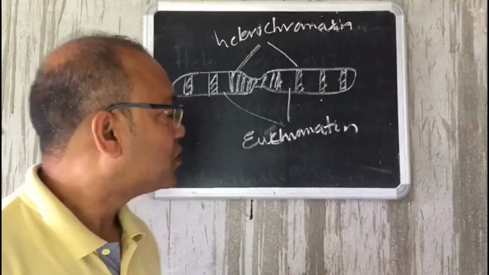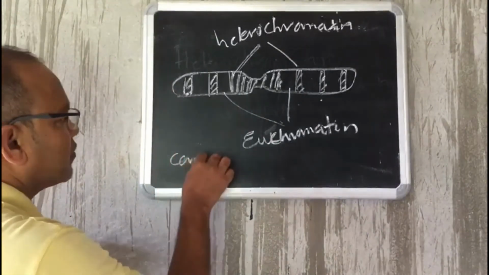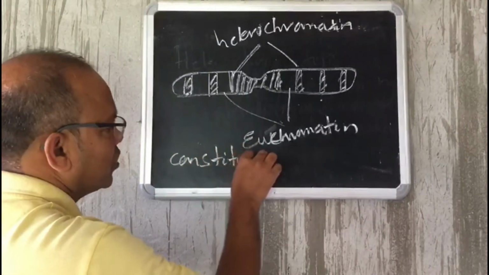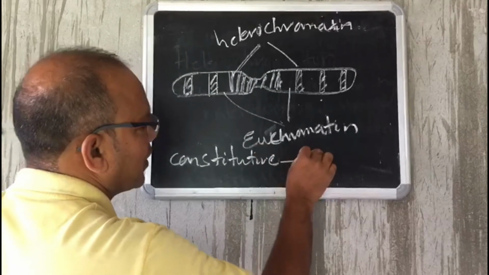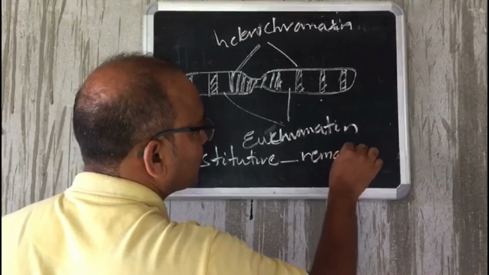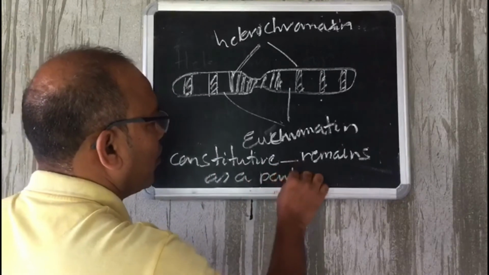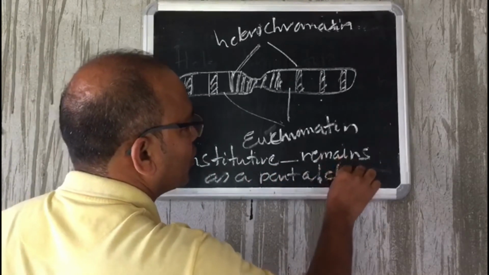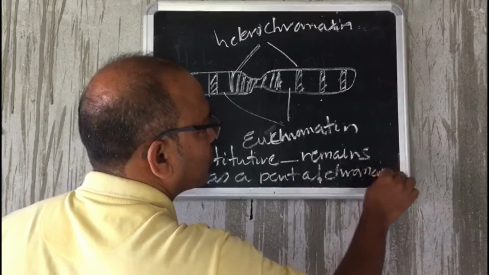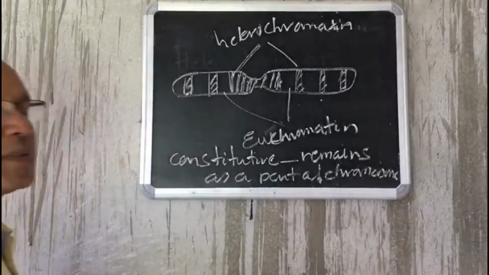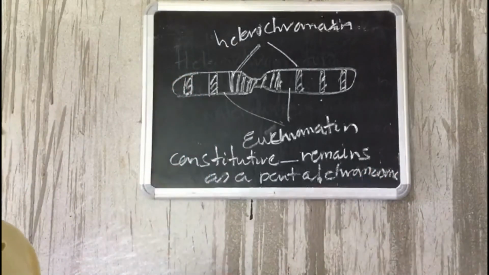This is called the constitutive. It is always present on the chromosome in a eukaryotic chromosome.